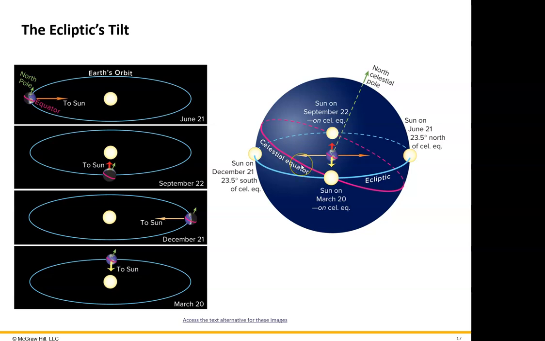For example, if you're on the Earth's equator, you do see the tilt of the sun in the sky, but it's much more noticeable when you're further north or further south away from the equator.